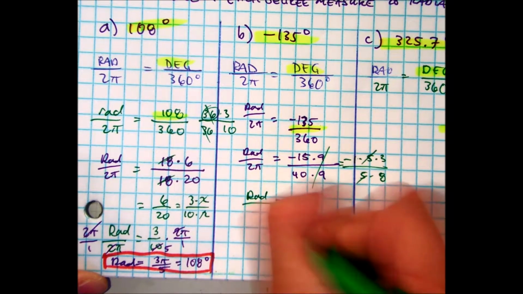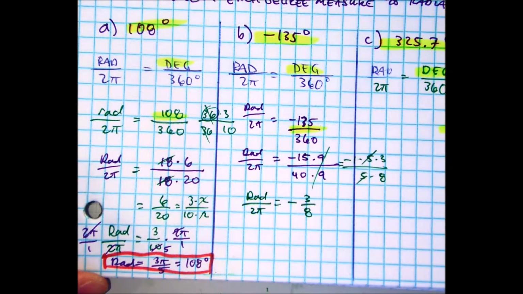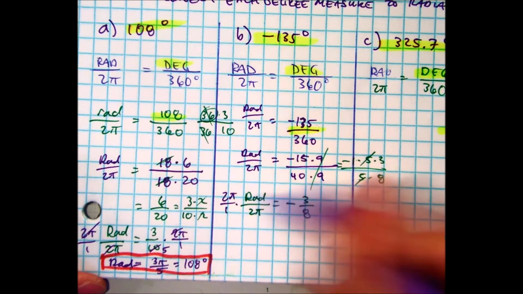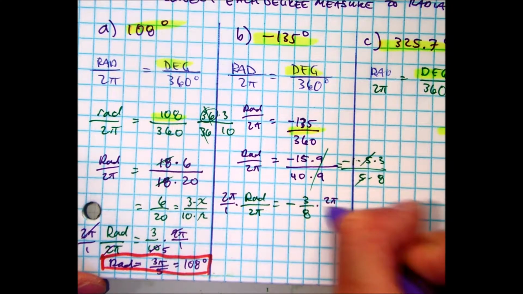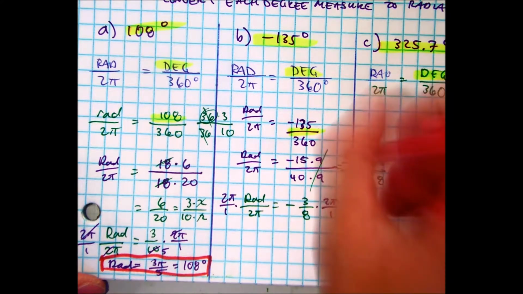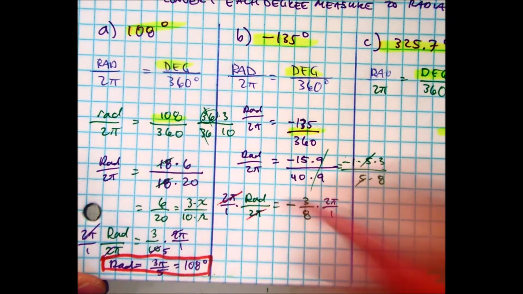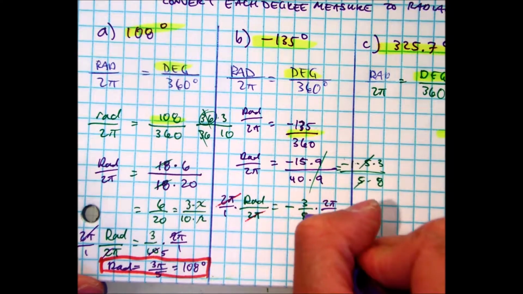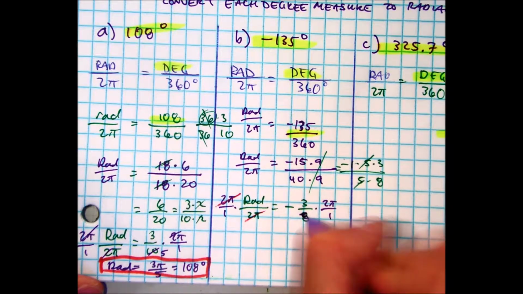I have radians over 2 pi. Class, how do you get rid of that 2 pi there? Multiply both sides by 2 pi. And your 2 pi's are going to cancel. Let's just say you get stuck right here. You can just change this 8 to be what? 4 times 2.